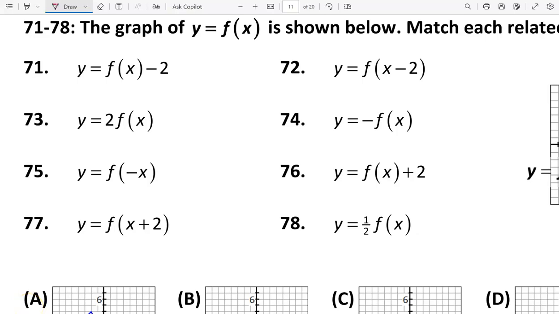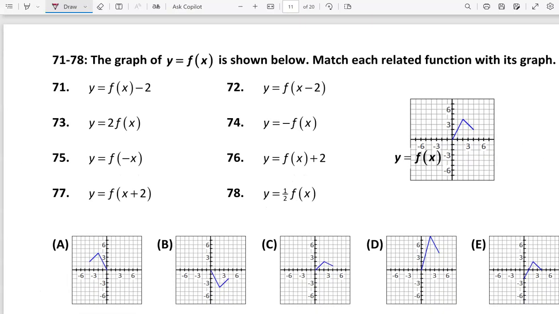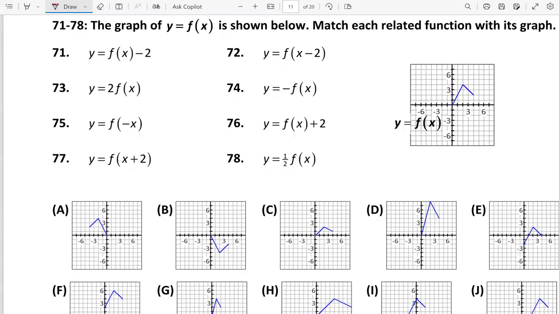In 71 through 78, we're asked to match the graph of a transformed function given the graph of the original function. So it's important to recognize what transformations have happened here. For number 71, I see a -2, or a subtraction by 2, outside of f of x.